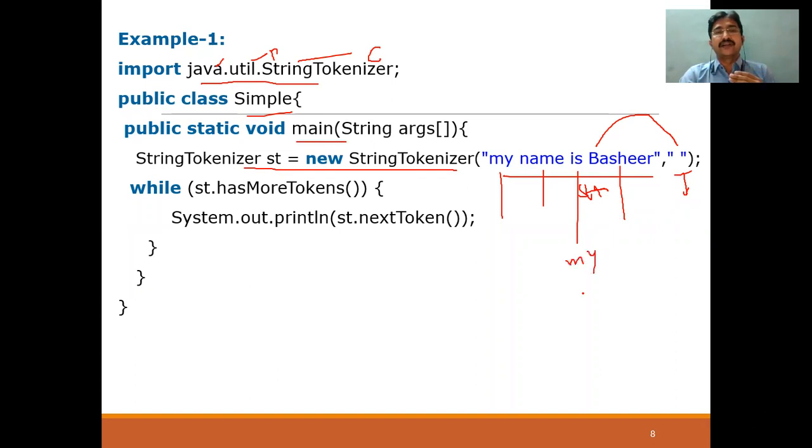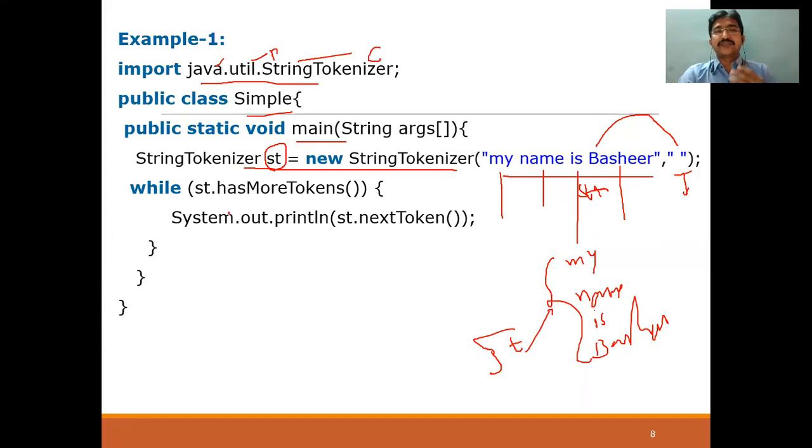So how is it divided? "My", "name", "is", "Bashir", like this it is divided into tokens for the entire string. Who is pointing to all this? It is the string tokenizer object, whose name is st. So the st string tokenizer object points to all those 4 tokens.